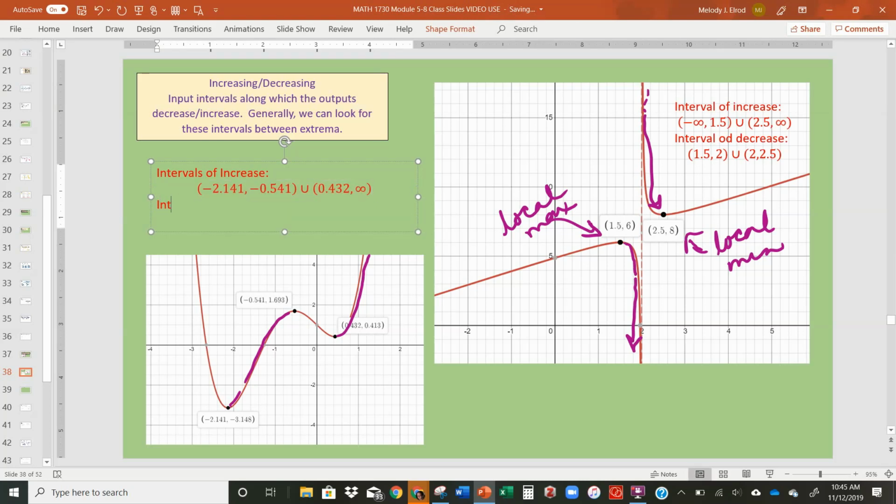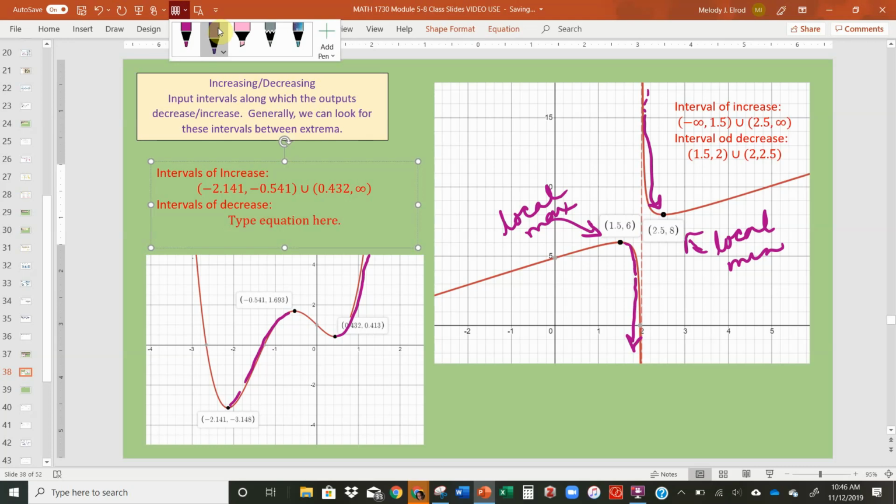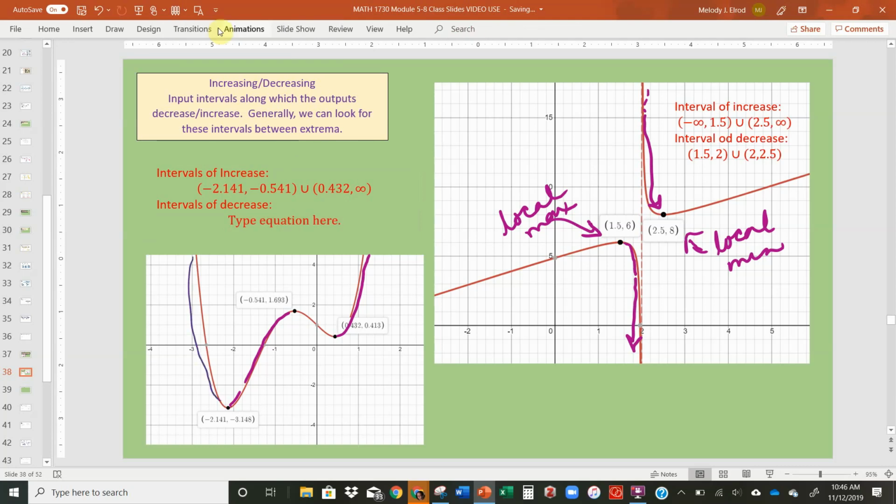And likewise, we've got some intervals of decrease. And those would be, let's see here, we'll change colors real quick. So those would be here and then here, right? We've got those two intervals of decrease. So let's go in and put that in.